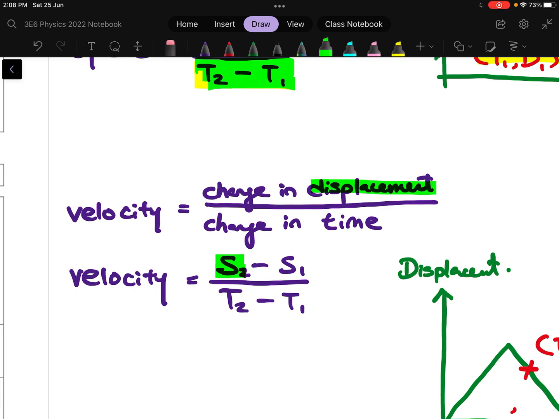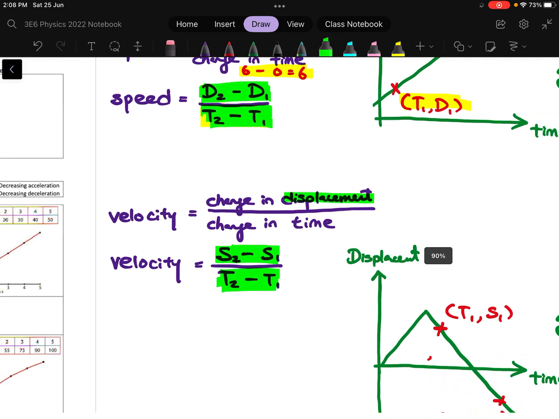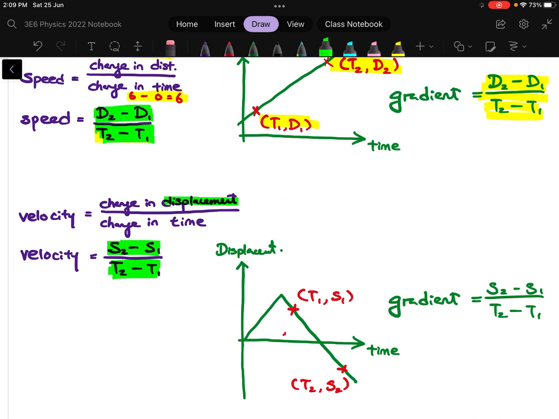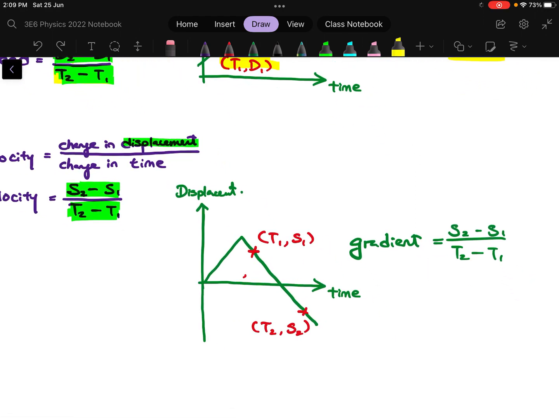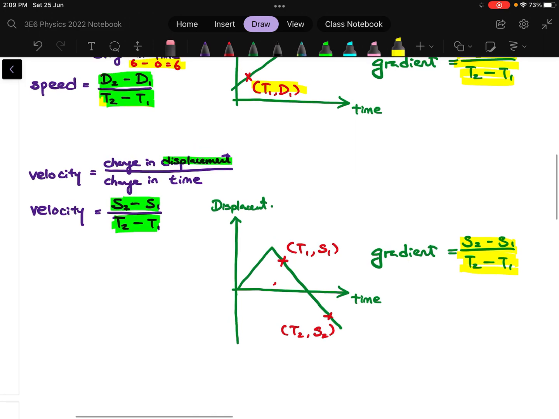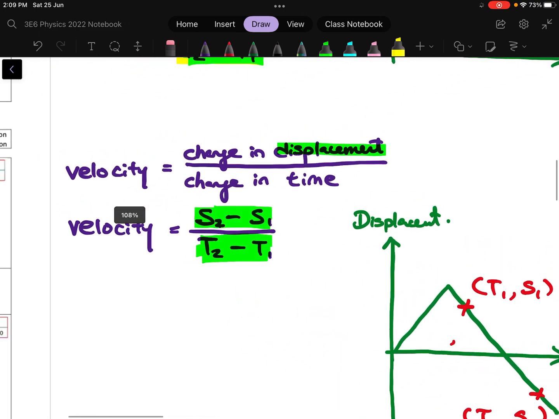So if we want to calculate velocity, it is still the same thing, change in displacement over change in time, right? You will see that if now I have a displacement time graph, if I were to calculate the gradient of this displacement time graph, I will arrive at the same expression as my velocity formula.